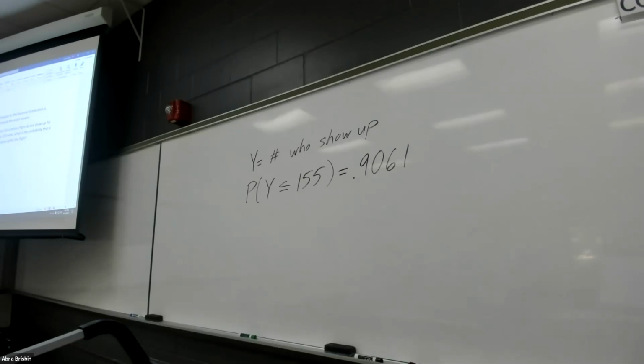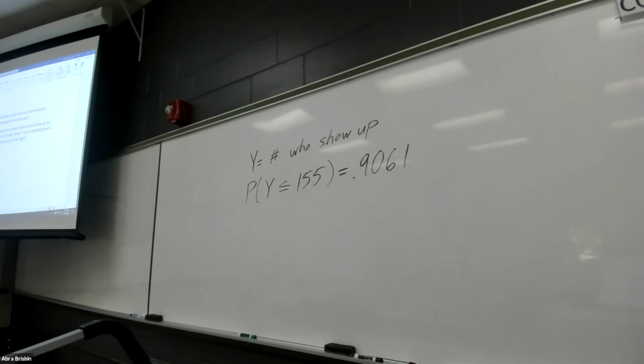So it looks like you found the probability that 5 or fewer do not show up.